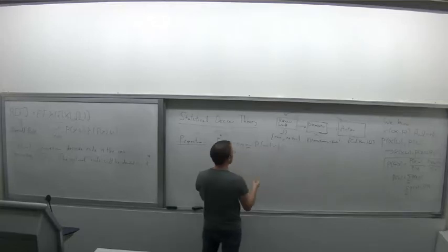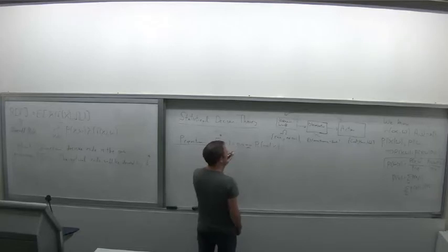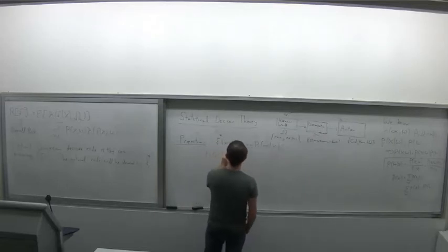For example, let's say x is stormy. I calculate R of alpha given stormy.